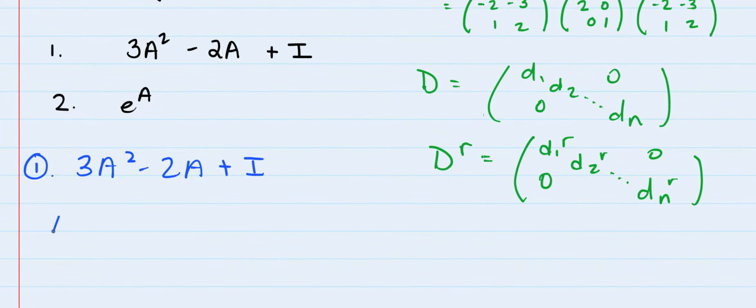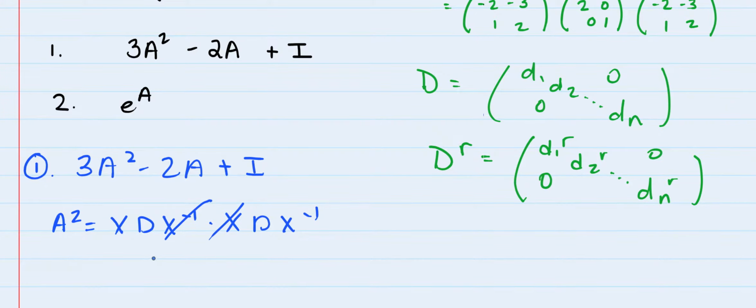Remember that A squared is X D X inverse times X D X inverse. Here I just wrote it two times. These cancel and I get X D squared X inverse.